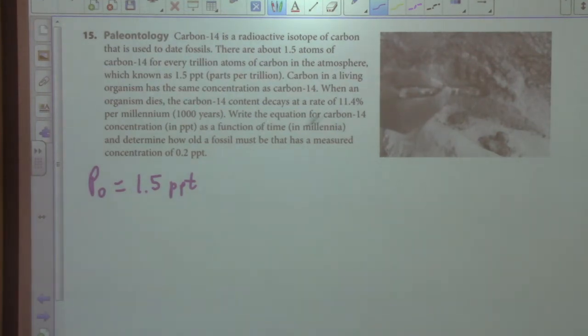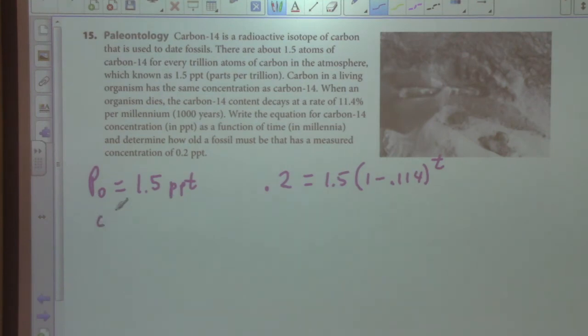So what is our equation for this? 0.2 equals 1.5 times 1 minus 0.114 to the power of t. So she's really setting up to determine this at this point. Let's go ahead and dial back to get the answer.